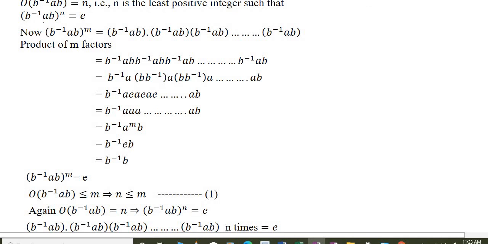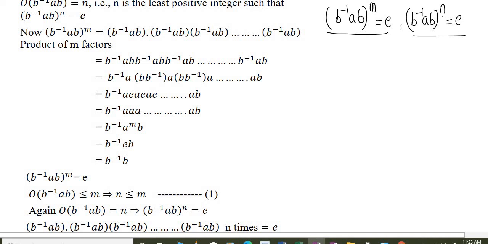But already we have (B inverse AB) whole power N equals E. Now I need the relation between N and M. Observe, here we get (B inverse AB) whole power M equals E, and already we have (B inverse AB) whole power N equals E. Now I need the relation between N and M, because here we are taking order of B inverse AB equal to N, meaning N is the least positive integer such that (B inverse AB) whole power N equals E. That means N is the least satisfying this condition.